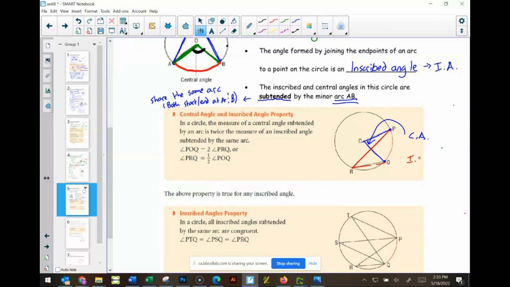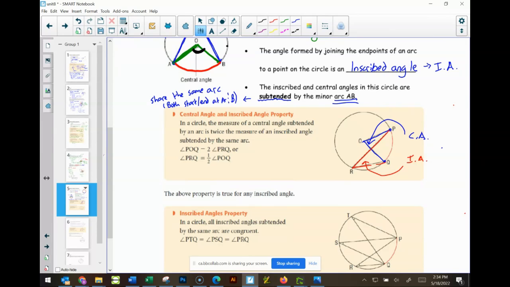That would be the inscribed angle, right there. So what the property tells us is the angle POQ, the one that goes to the middle, is twice as big as the angle PRQ.